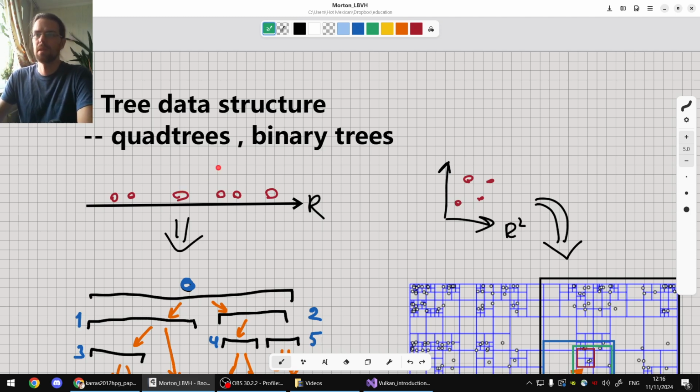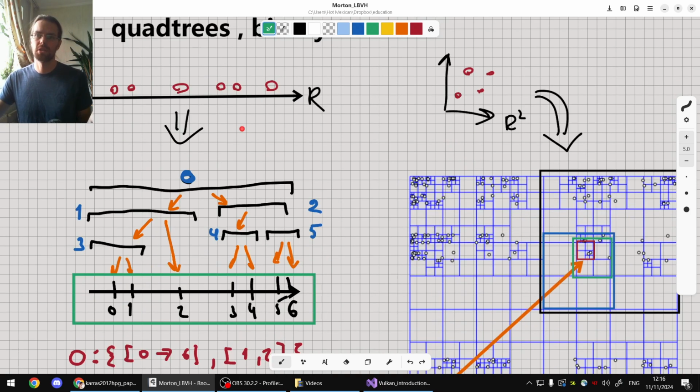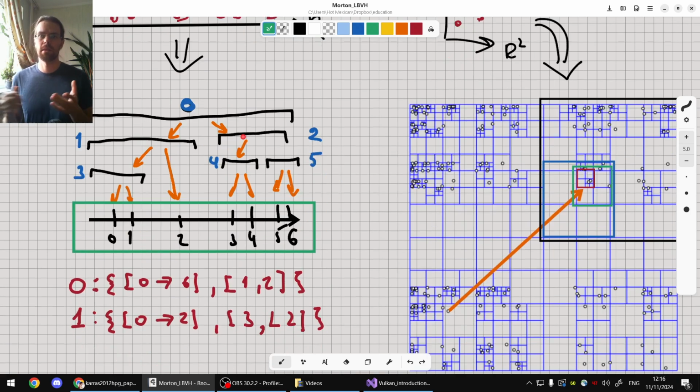And we can talk about a binary tree, because in the end it will be a binary tree. Let's just say you have some points and you want to cluster them using a binary tree. This is a simple example. When you construct this tree, each node has two branches since it's binary, and there's a root node.